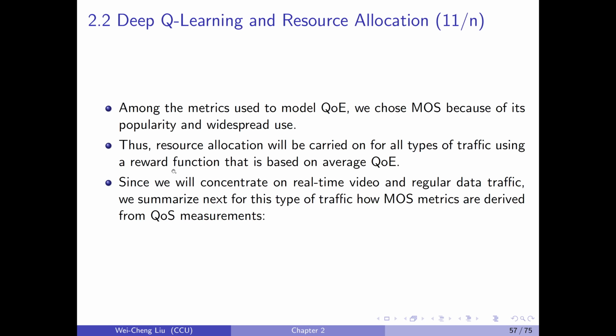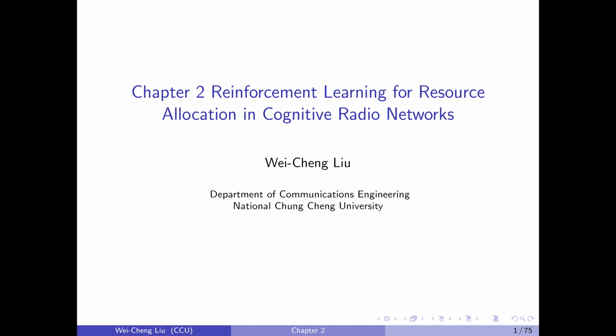When we talk about a reward function, you should naturally think it is related to reinforcement learning, which is the topic of this chapter. Chapter 2, reinforcement learning for resource allocation in cognitive radio networks.